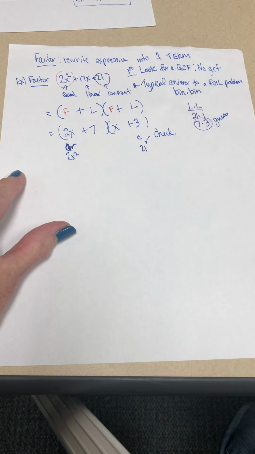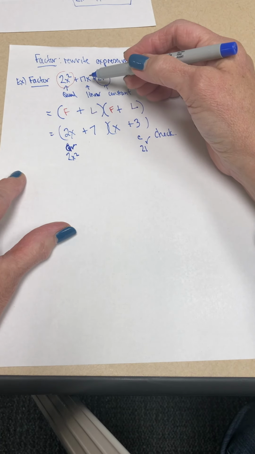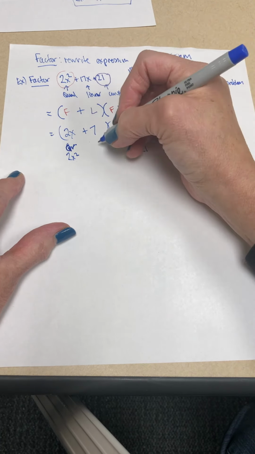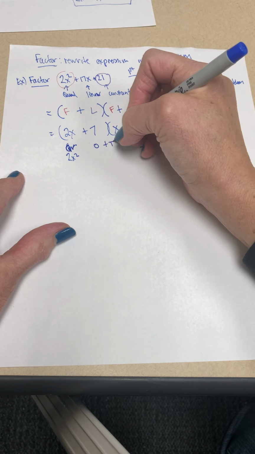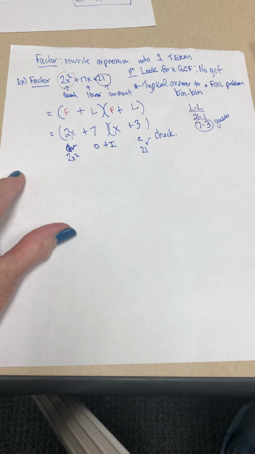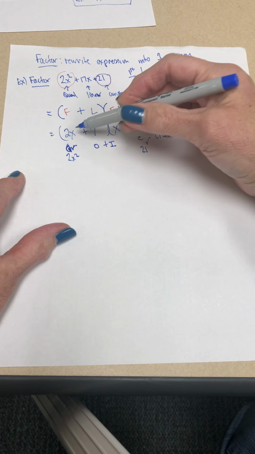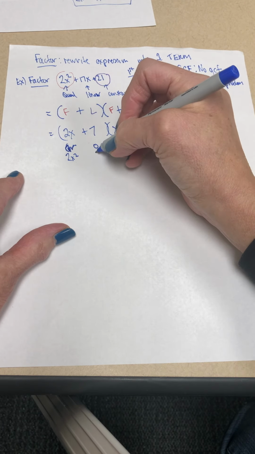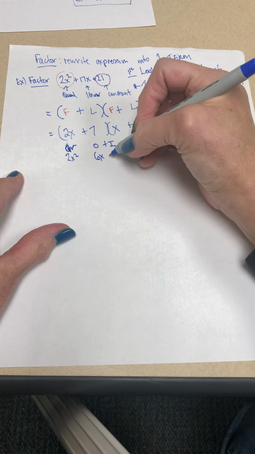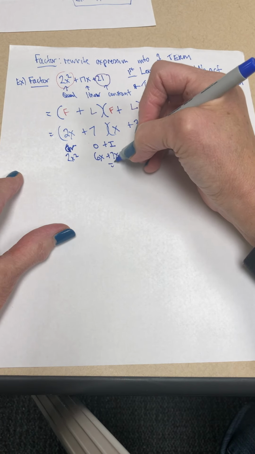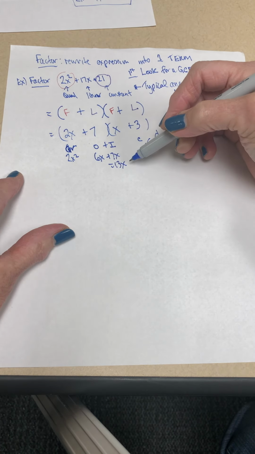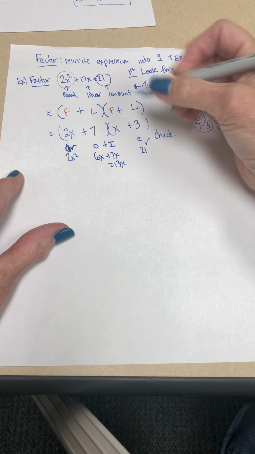What you don't know is if you multiply this out, will you get the 17x? Well, that 17 comes from outer plus inner. So the only thing you really need to check is what is the outer plus inner? Well, the outer here is 6x. The inner is plus 7x. So that's 13x. I need it to be 17x. No good.